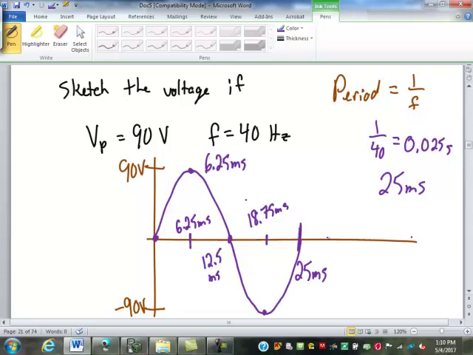There's my wave. So we sketched our waveform of that voltage there. So now if I went out to 1 full second, how many of these waves would there be? 40 per second. Right? That's what that frequency means.